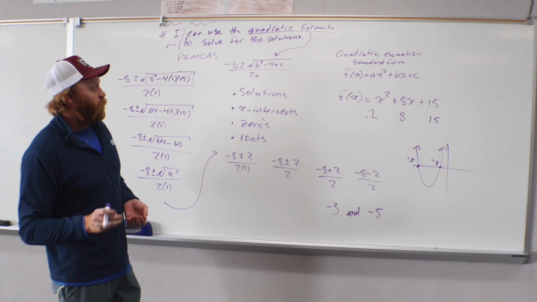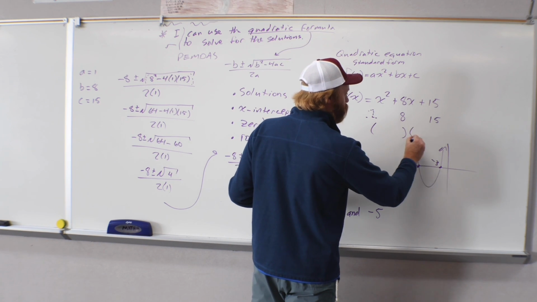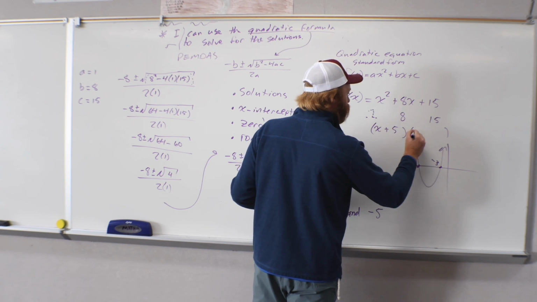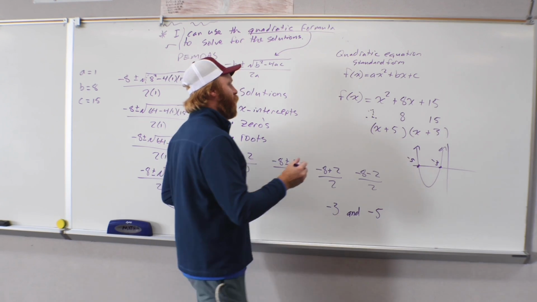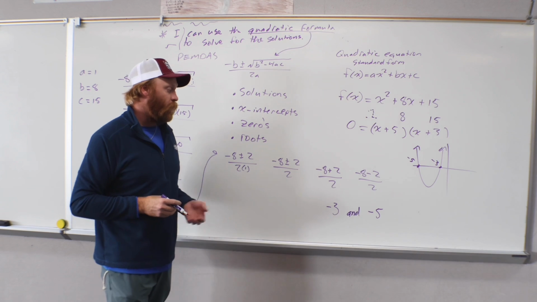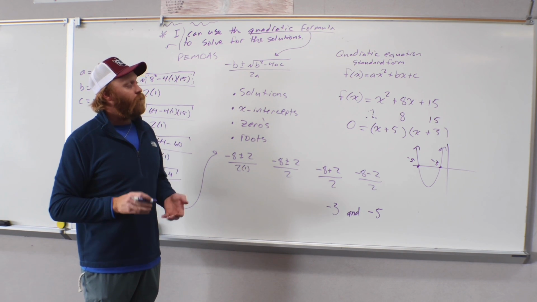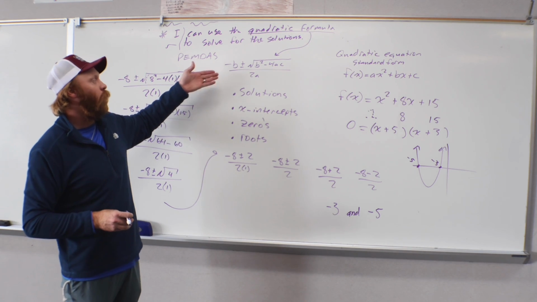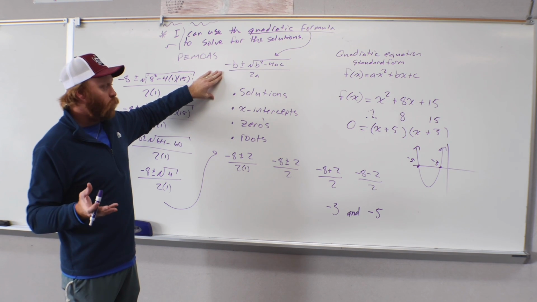Now, something to keep in mind: you could get the same answer by factoring this. We have x plus 5 and x plus 3, and then you would set the factors each equal to 0 using the zero product property to get negative 5 and negative 3. Factoring doesn't always work. The quadratic formula always works. It's a little bit more work, but it always works.